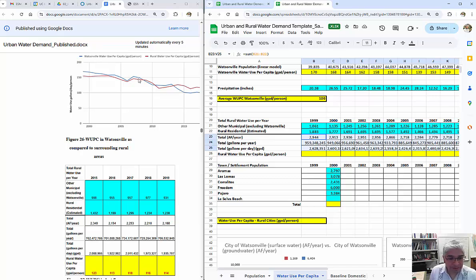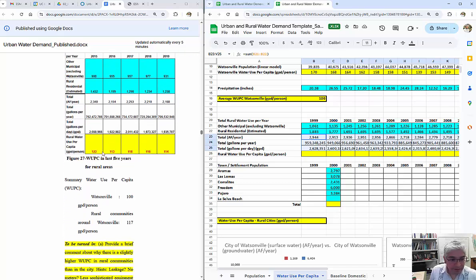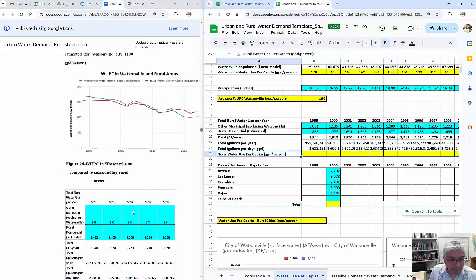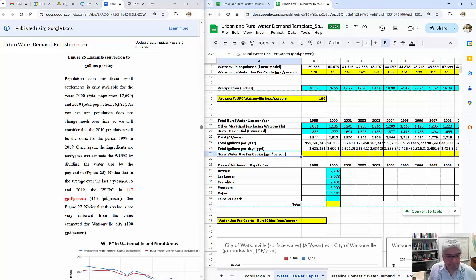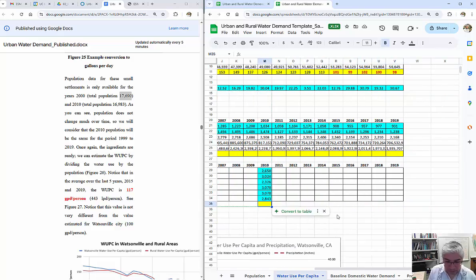is for the two water uses, so Watsonville and the rural water use. What we want to do here is that we only have population for 2000, and that will be 17,690, and for 2010 it will be this one.